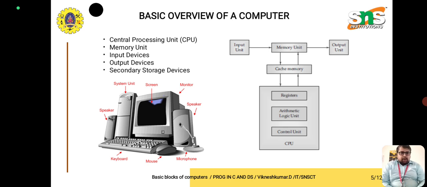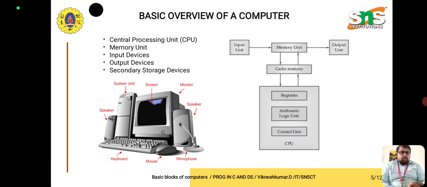Next is the central processing unit, said to be the heart of the computer, consisting of registers, the arithmetic logic unit, and the control unit. The control unit mainly focuses on the memory and working aspects of the computer. When we give input, it goes to the memory unit and saves the data.